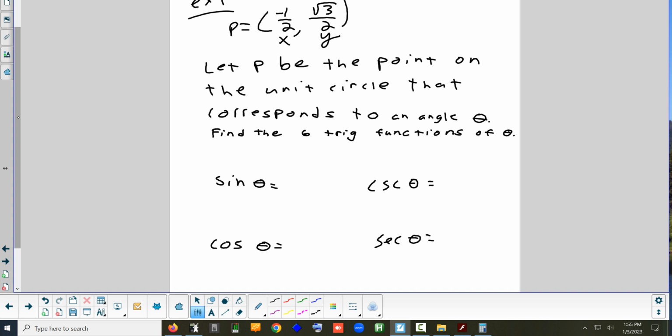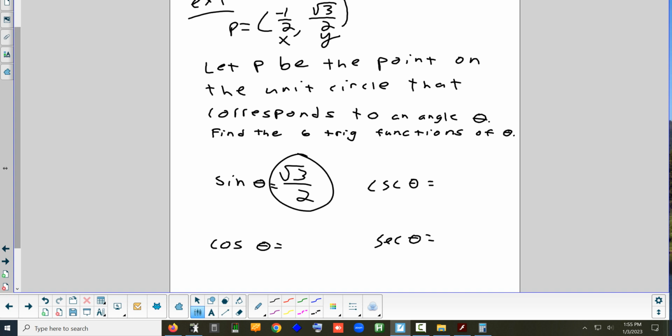And what's the y value in this case? Yes. Good. And that's all you have to do for the sine. It's the y value, and look at the y value in your coordinate, and write that in. Sine and cosine are the easiest. Let's do cosine.